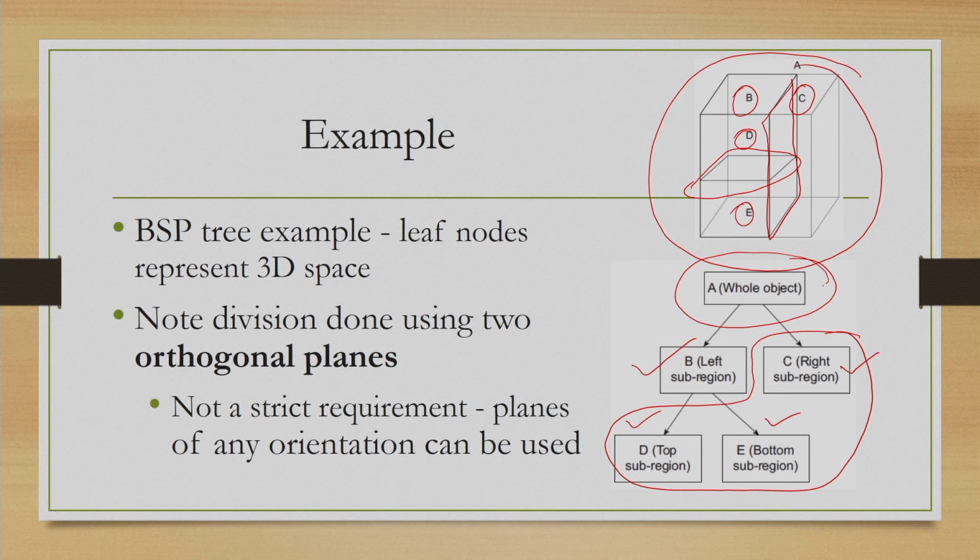Now, here we have used two planes which are orthogonal to each other, but as we have already seen earlier, that is not a strict requirement. Planes of any orientation can be used to divide the regions into two subregions. So, here instead of this orthogonal plane, we could have used any plane of any orientation to divide it into two subregions.